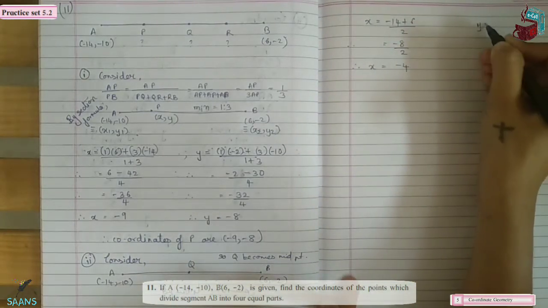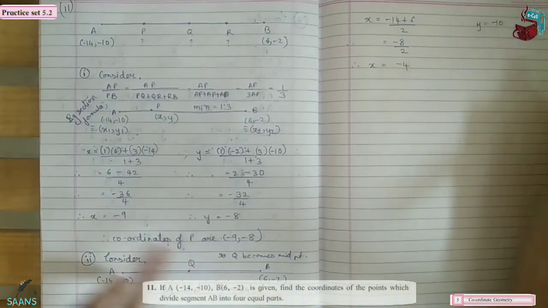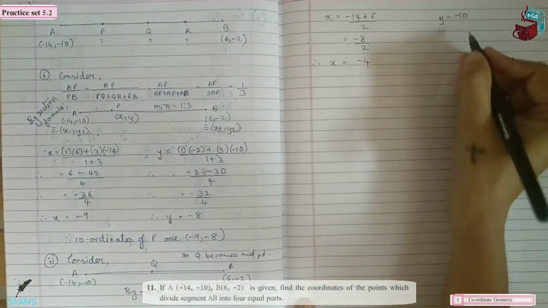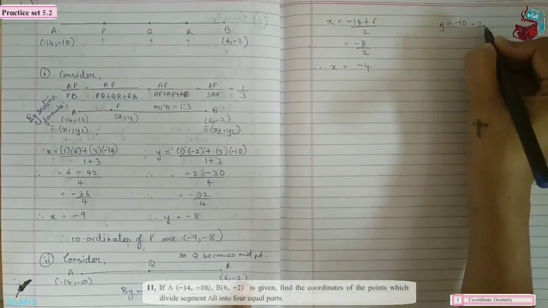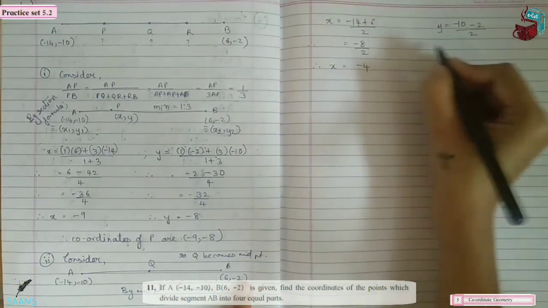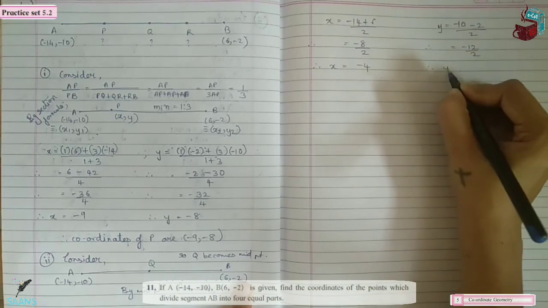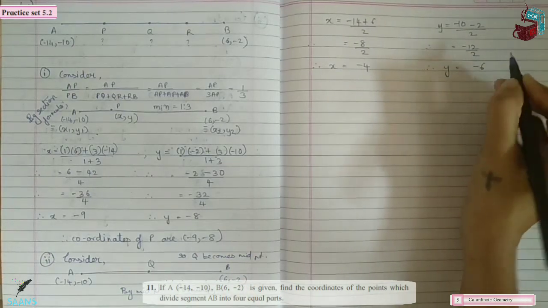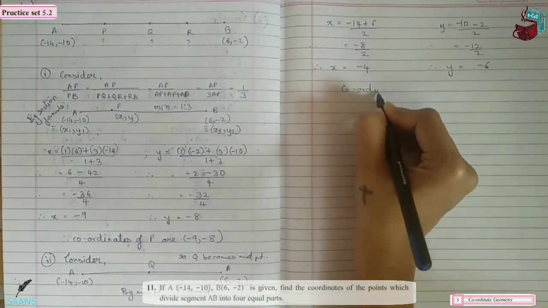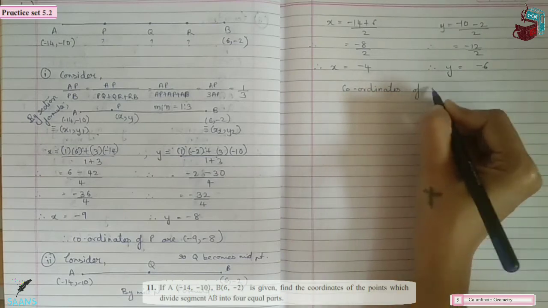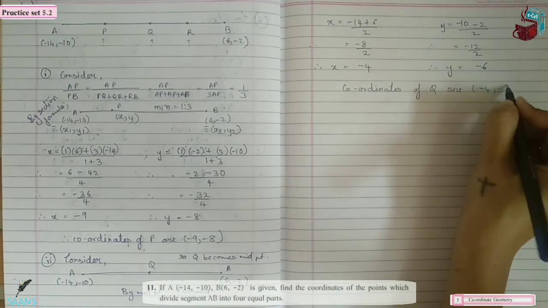Similarly, y is equal to (-10 + (-2))/2, which equals -12/2. Therefore, y is equal to -6. Therefore, the coordinates of Q are (-4, -6).